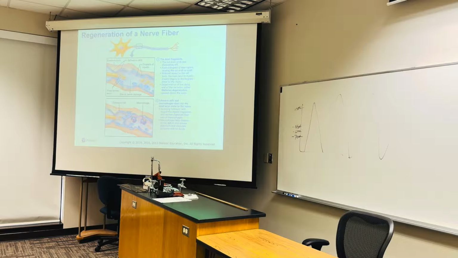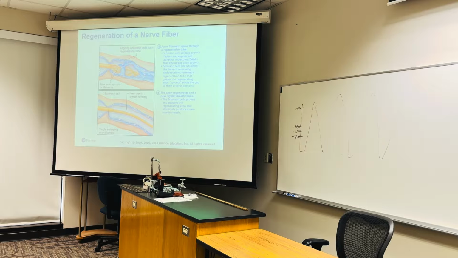The cells are not directly connected to each other, but they can communicate with each other, right? So if there is a problem happening in one cell, you can transmit that problem to others, and then all of them start degenerating, and then your macrophages come. After the macrophages come, they clean up and phagocytize everything, and then you have the new Schwann cells that are going to be regenerated.